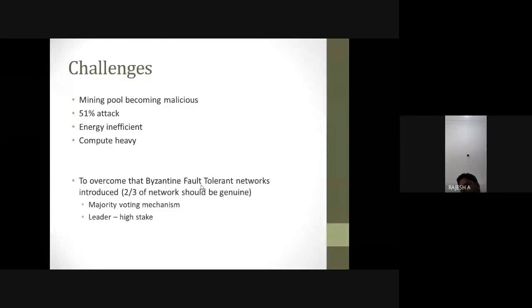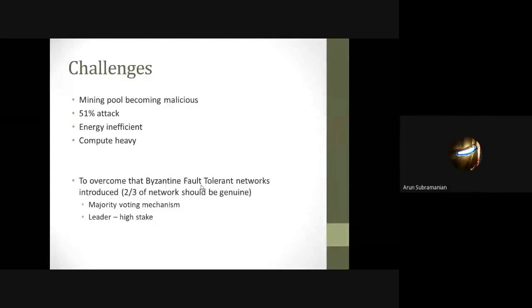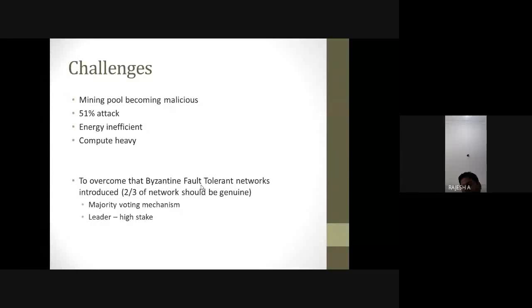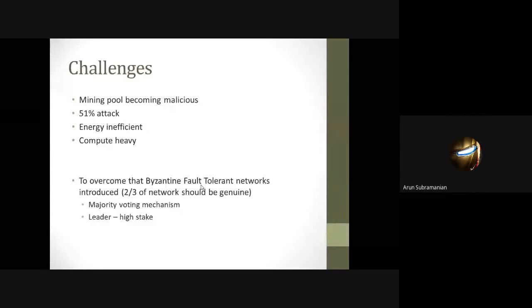We should impose many conditions and validations to see whether a particular node is becoming malicious. If we find that, we should chop it off or remove it. The blockchain community is doing that. They have strict rules, like a network should not have 51% access, but still there are hacks happening, right? That is because of this 51% attack. To overcome this challenge, another variant of the Bitcoin blockchain network was introduced: the Byzantine fault tolerant network.